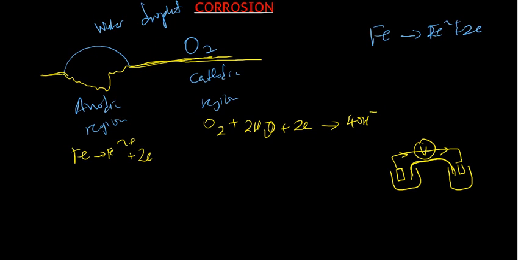So in this case, the moisture is what is acting as a salt bridge. And so this is a full circuit, a full galvanic cell, where the steel is acting as a wire where electrons can flow, and the moisture is acting as the salt bridge where ions are able to flow.